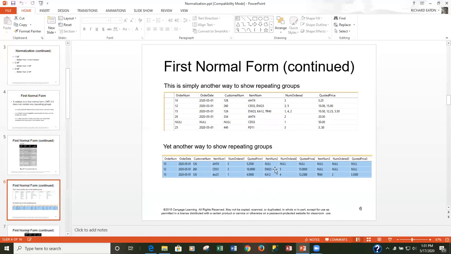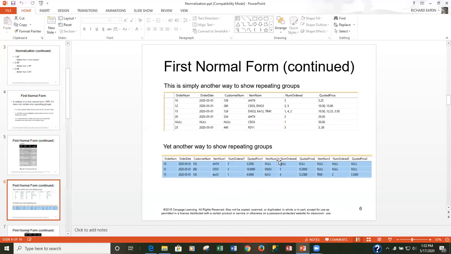So then you might say, well, here's a solution. Let's do it this way. Let's say that we have an order number, an order date, a customer number, and we have an item num1 and a number ordered 1 and a quoted price 1.